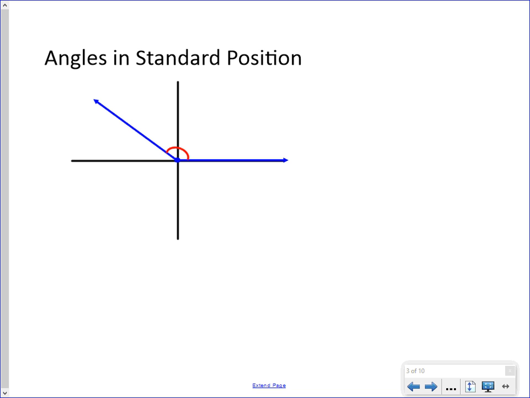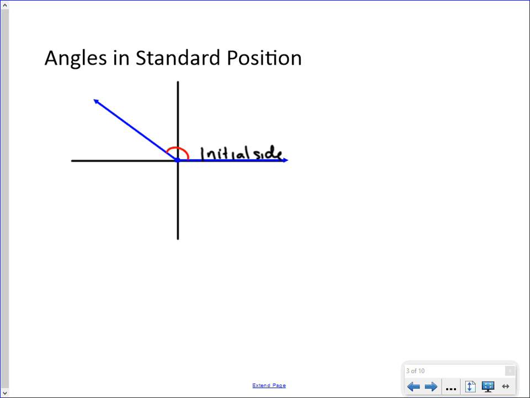You should have seen angles in standard position back in Algebra 2. In standard position, we have the initial side and the terminal side. And in order to be in standard position, it's really important that the initial side is on the positive x-axis.